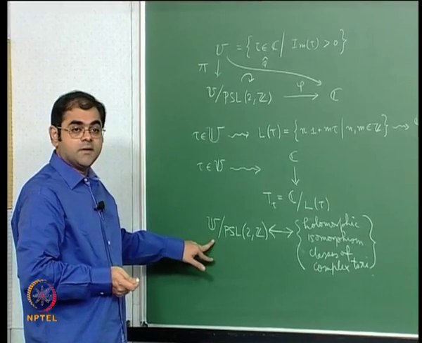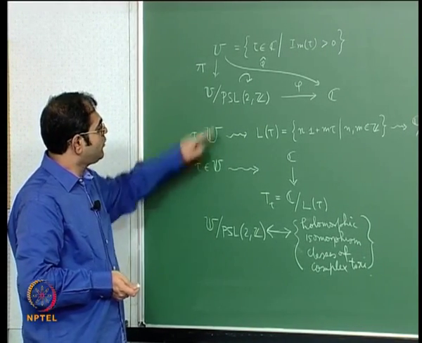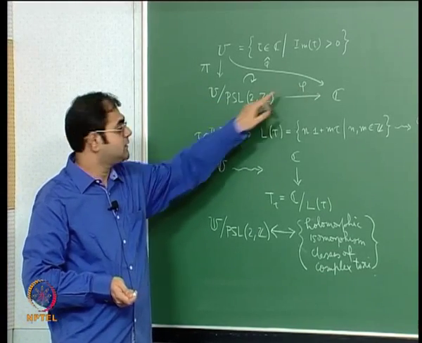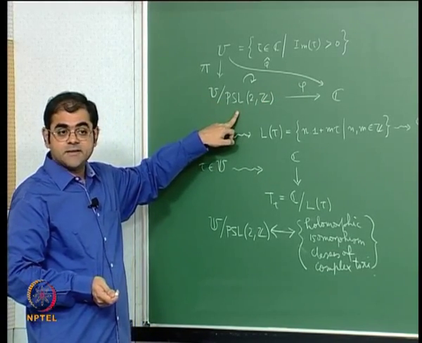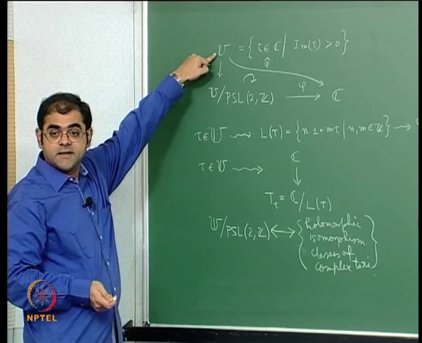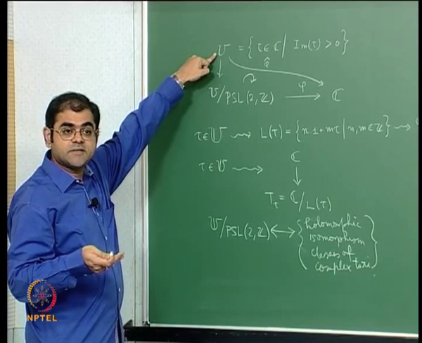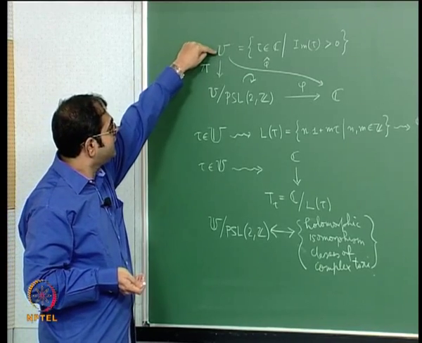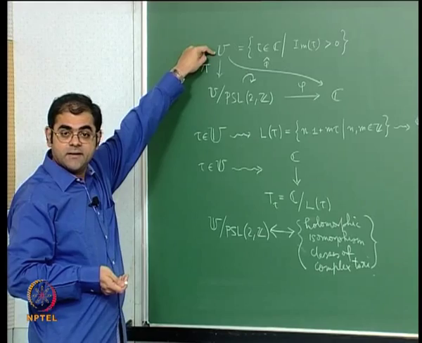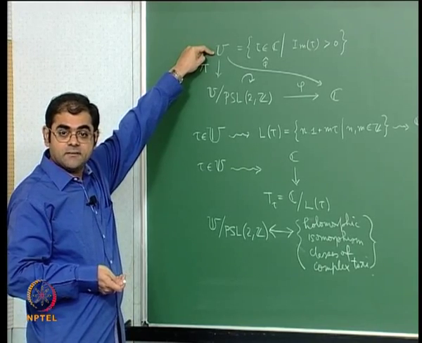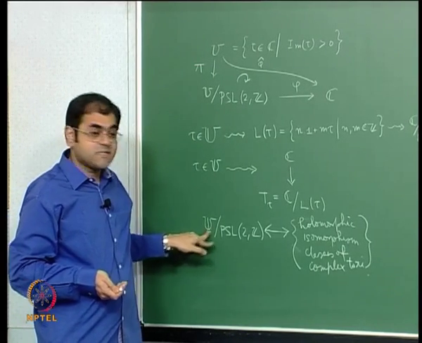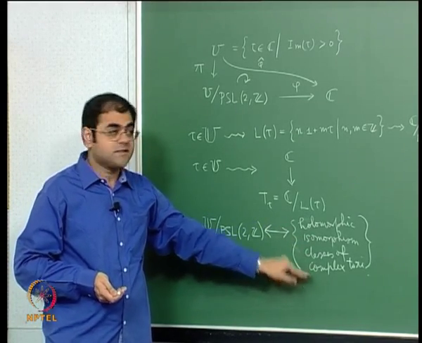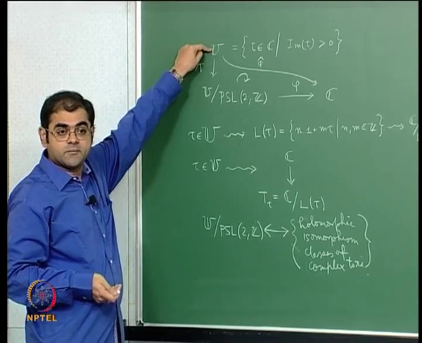Therefore, if I go back to the situation, trying to get hold of a function on U mod PSL2Z is the same as trying to get hold of a function that does not change if you change the element under PSL2Z. In other words, it should be something that depends only on the holomorphic isomorphism class of the complex torus defined by a point above.